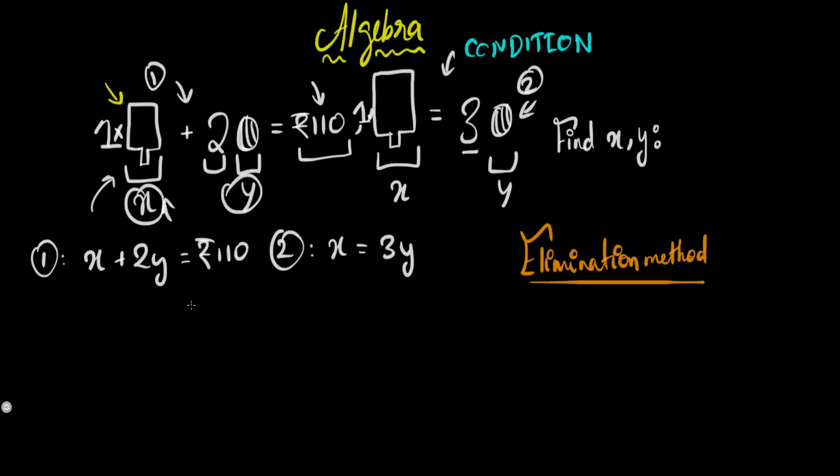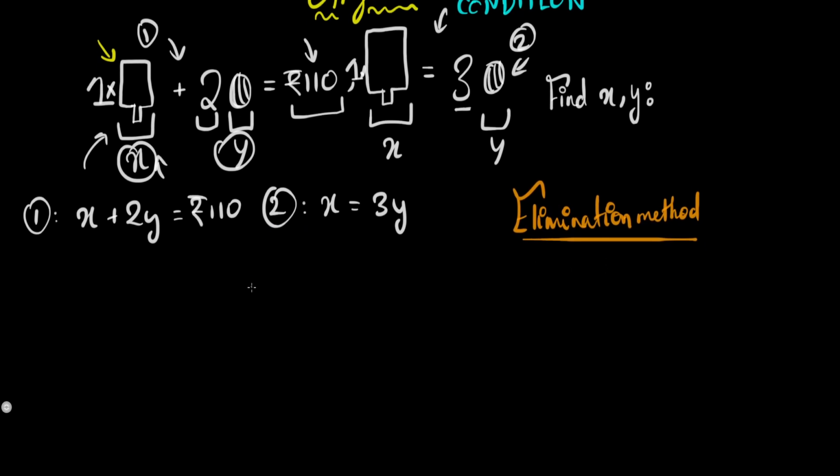Let's try doing the elimination method. So the elimination method goes like this. I want to find one variable, so I have to eliminate the other variable. So let's try eliminating the other variable. Now I'm gonna change this quickly into x minus 3y is equal to 0, because it's gonna make my calculation easier.